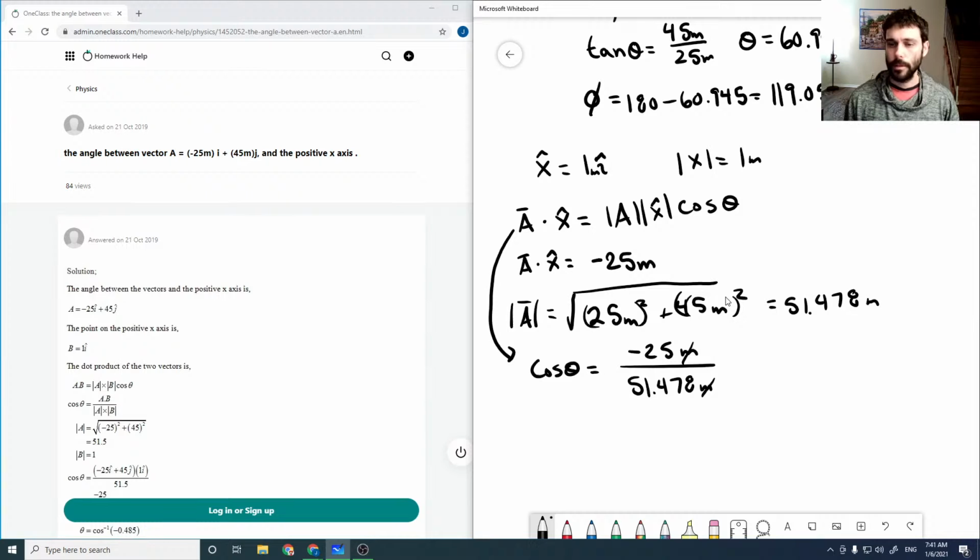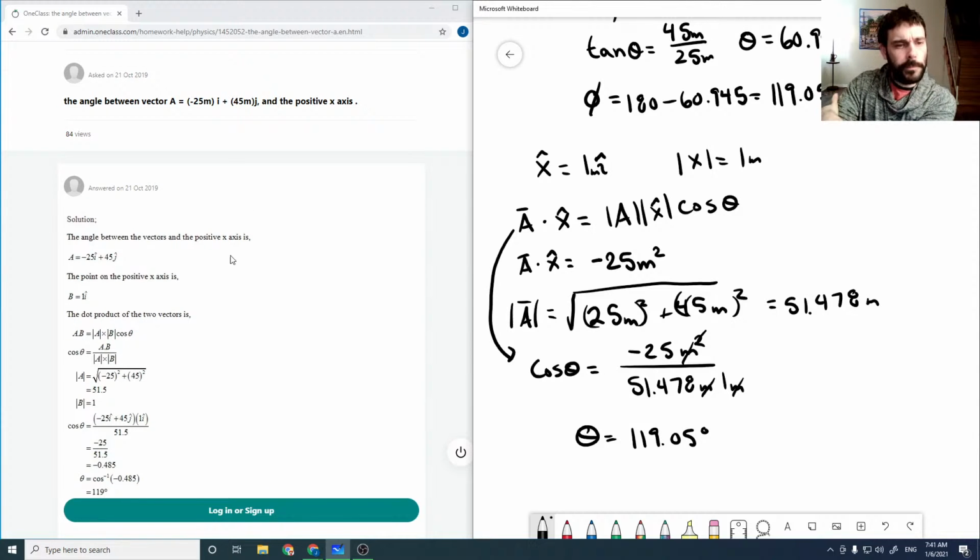And I might as well put the meters in there. And so then that would be meters squared. And that will cancel. Okay. And then if we solve this for our theta, we would get 119.05. So either way, it will give the same answer.